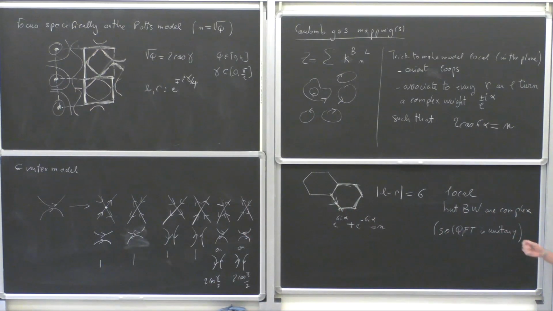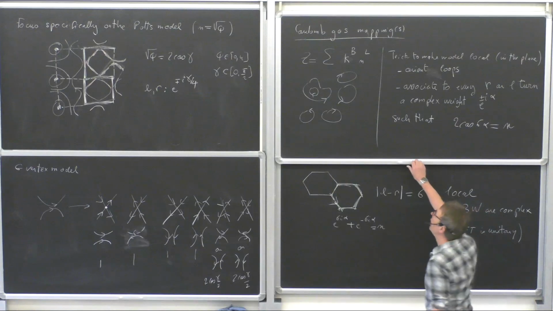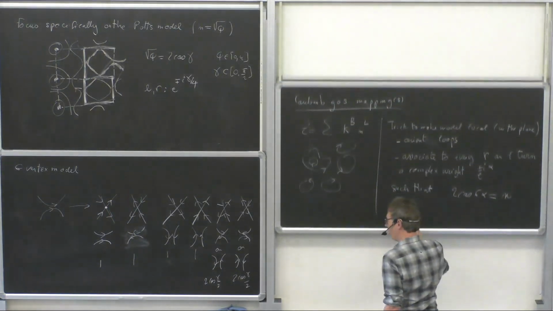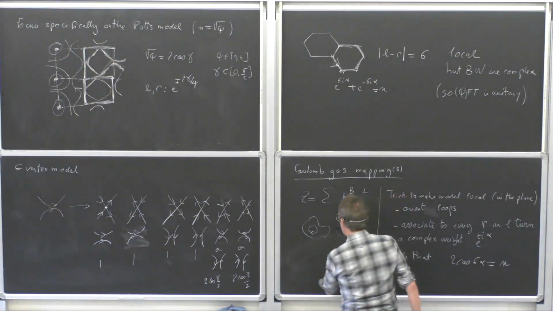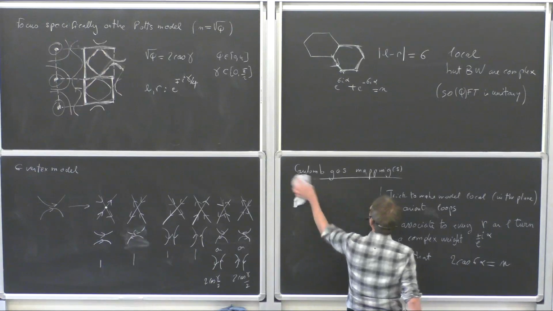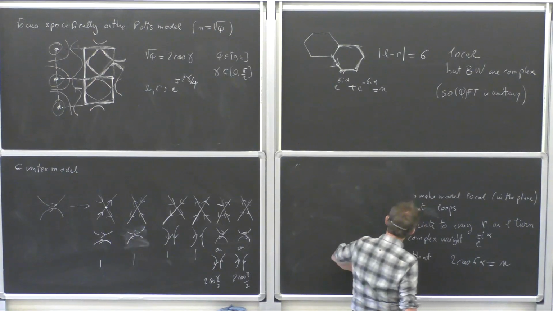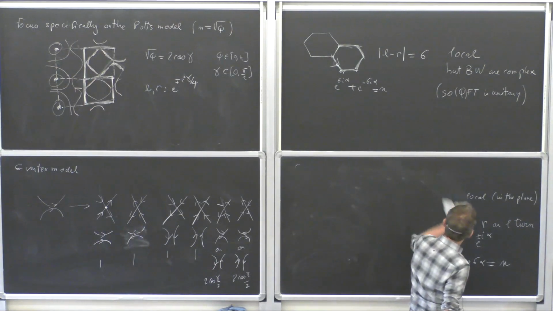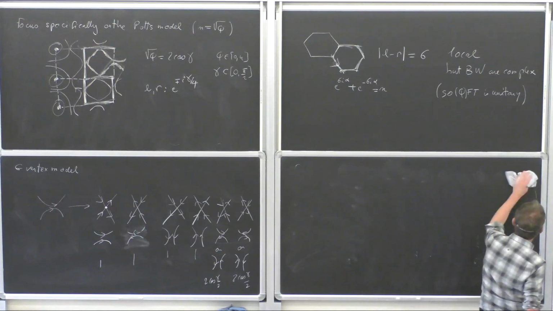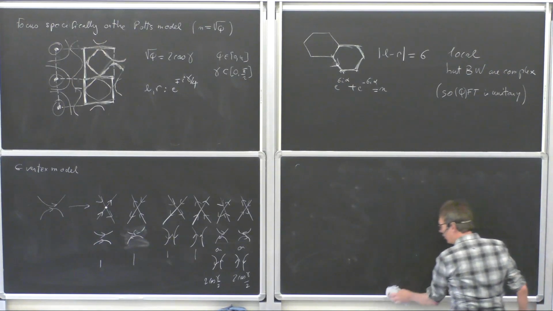And this is the connection with the six-vertex model that can be extremely profitable. It is the parallel of something I discussed in the discussion session on Friday, that is the representation of the Temperley-Lieb algebra in the XXZ spin chain.